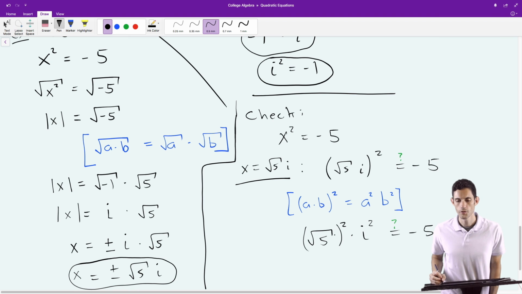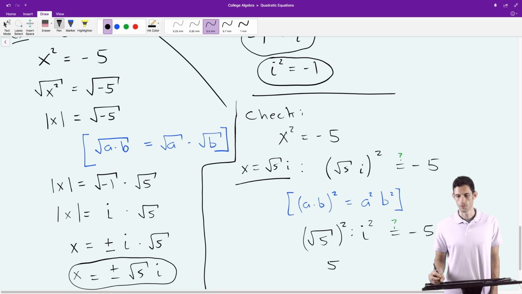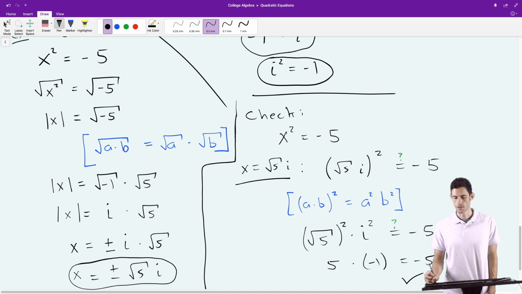So the square of a square root, that's a definition that we already had. You just write the inside, the radicand. And i squared, that's the definition we have right up here. i squared is -1. So this 5 is being multiplied by -1. And at that point it's pretty clear. 5 times -1 is -5. So that works out.